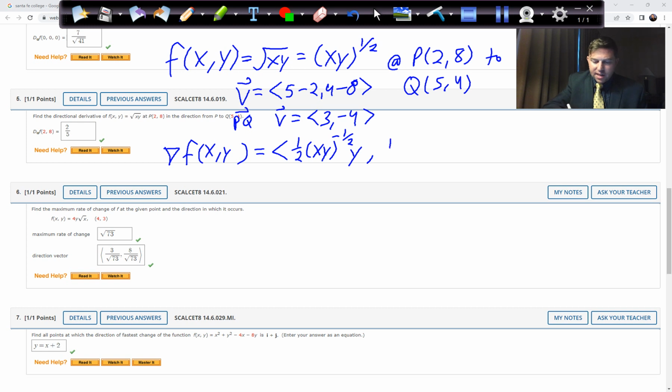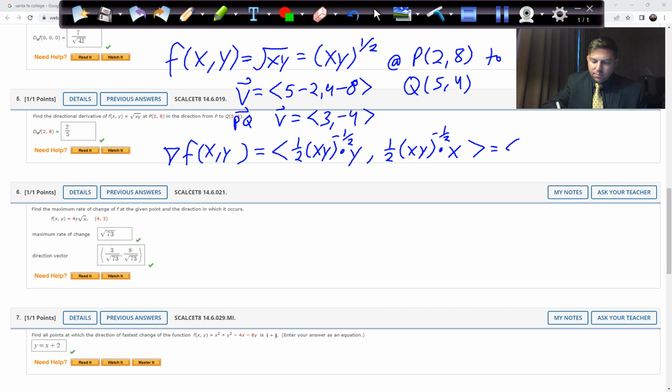And then it's going to be exactly the same when we take this derivative with respect to y: 1/2 xy to the minus 1/2. But now y is the variable, x is the constant, so the derivative of xy when y is the variable becomes just the constant value x. And we can just leave it like that.